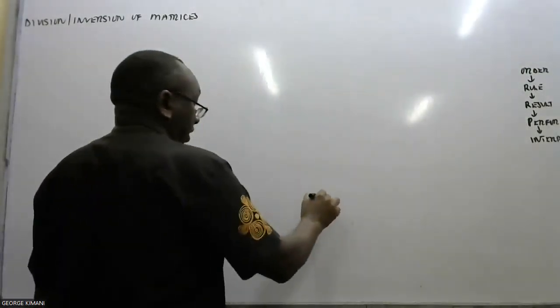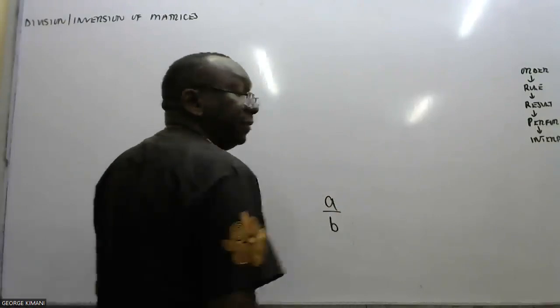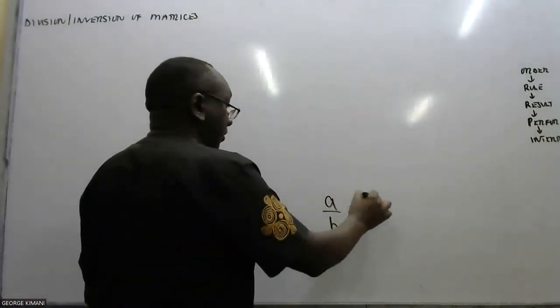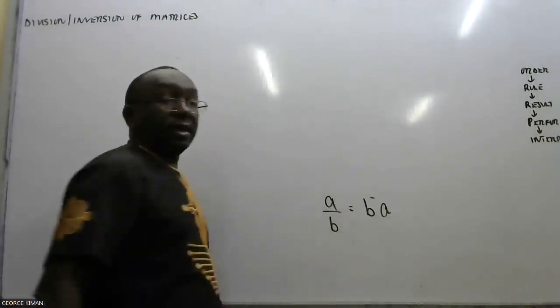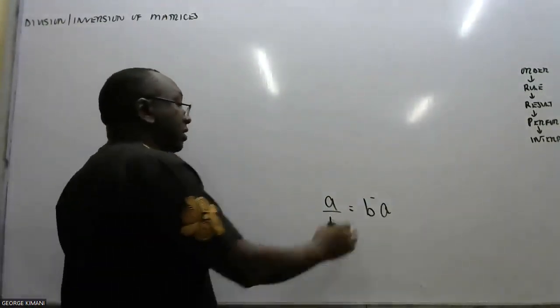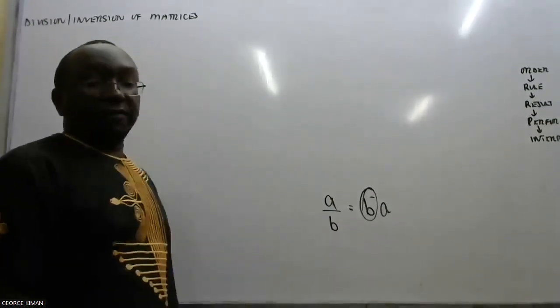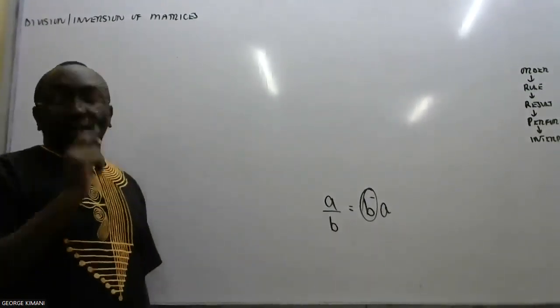Now we do not quite often divide matrices, but we inverse, then we multiply. Because we know so well in the rows of indices, if you are given A, you divide by B. It is the same thing as B inverse, you multiply by A. Now the inverse is the reciprocal of the matrix.